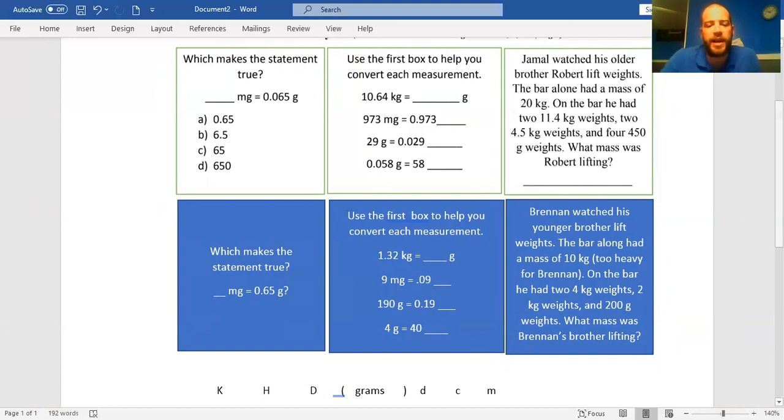So King Henry died, and then by is always a box or a blank, so you can fill in what you're using, whether it's grams, meters, or liters. And then the little tiny d, c, and m, those are smaller because one of them is a smaller amount. All right.